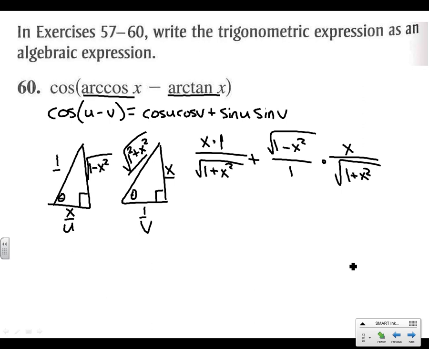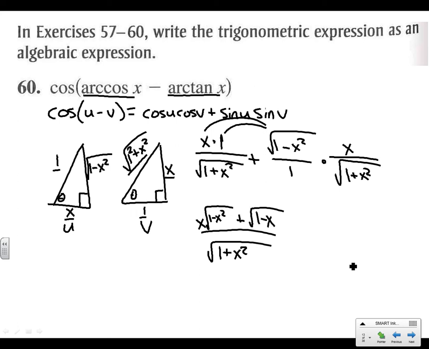So in this case, we do have a common denominator of square root of 1 plus x squared. And in the numerator, we're going to distribute x times that becomes x root 1 minus x squared plus just 1 minus x squared, because it's times 1. And we'll leave that on top. Okay, and so in this one, we really don't want the radical in the denominator.